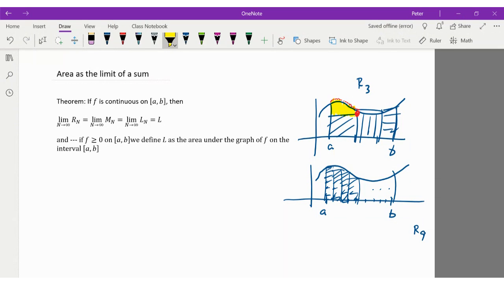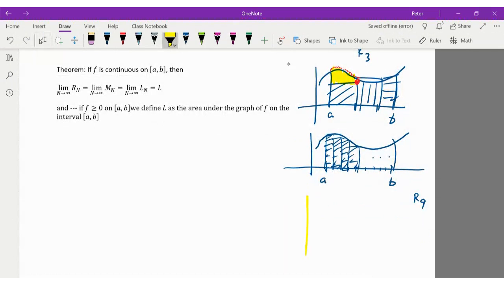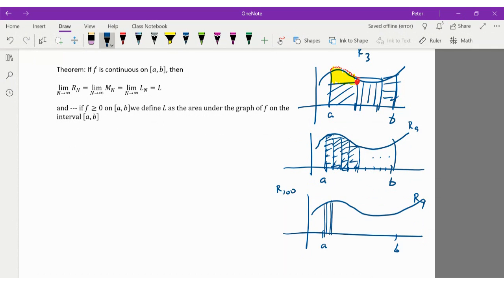So the question is, why don't I instead of R9 have R100, where I divide this into 100 subintervals like that. I can't really draw 100 subintervals, but if I could, you can imagine that you get a much better approximation of the area.